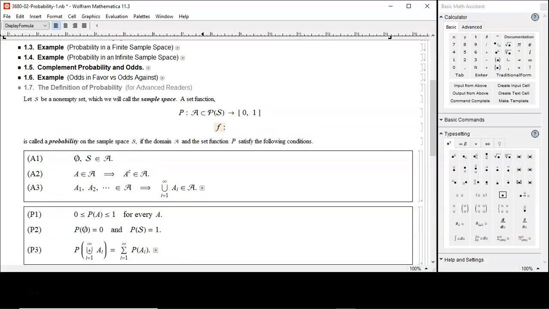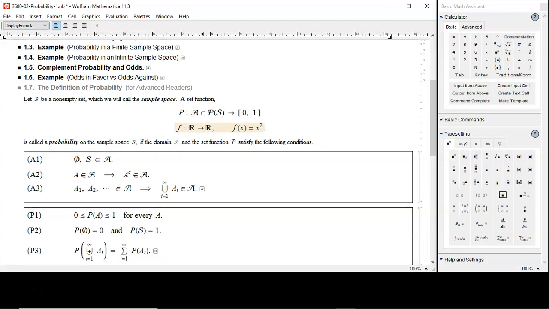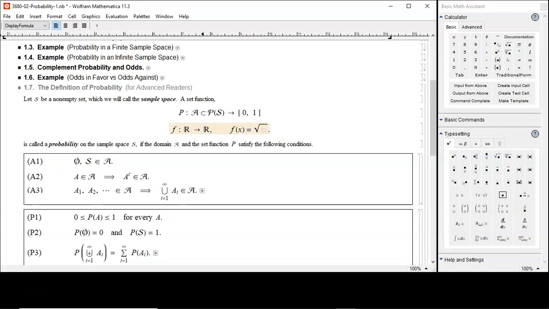You see, if you have a real function defined like this, then no problem. But then again, if you define a function like this, now this is going to be a problem because this expression is not always valid for the entire set of real numbers. You have to restrict your domain.